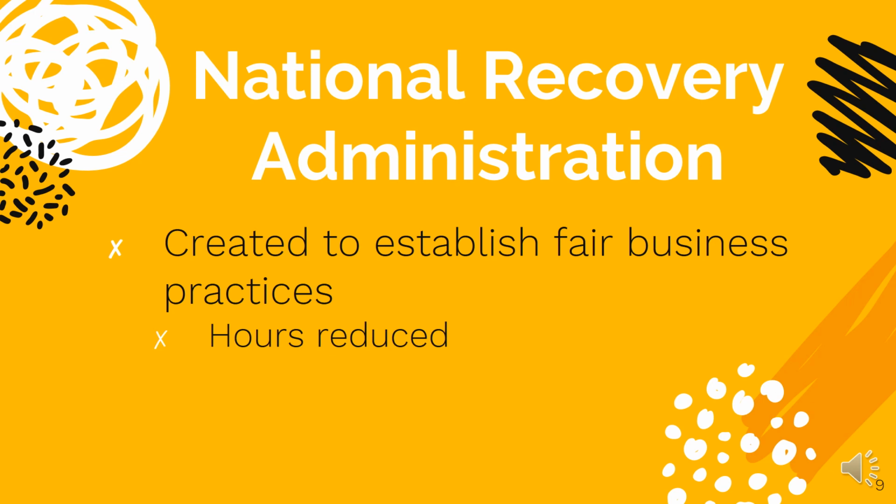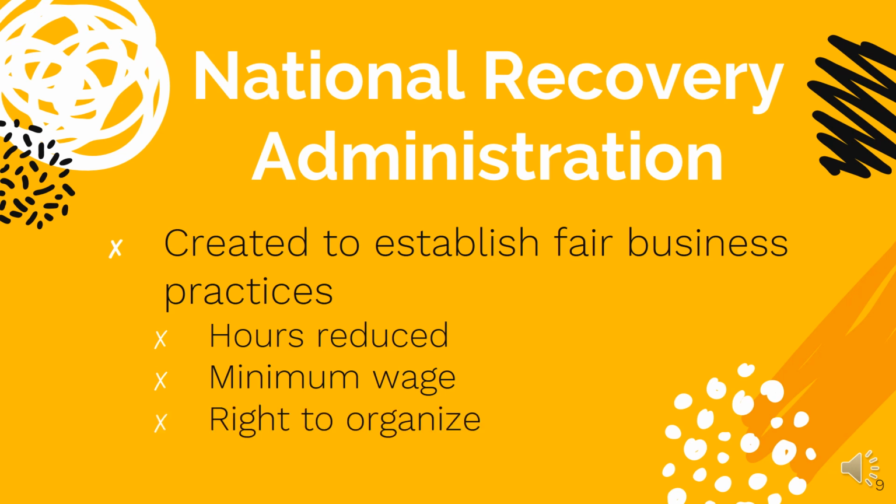So basically they hired more people but gave everyone less hours. They established a minimum wage, and then workers were given the right to organize, meaning they could have labor unions. A labor union or collective bargaining is where the employees can negotiate with management for better working conditions and better wages and less hours.